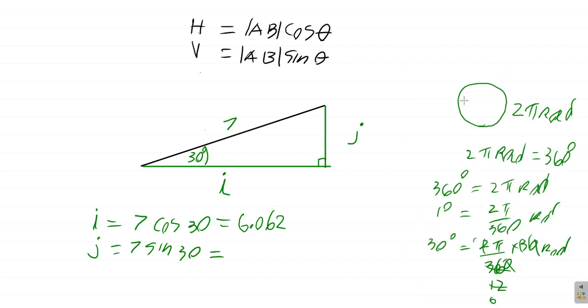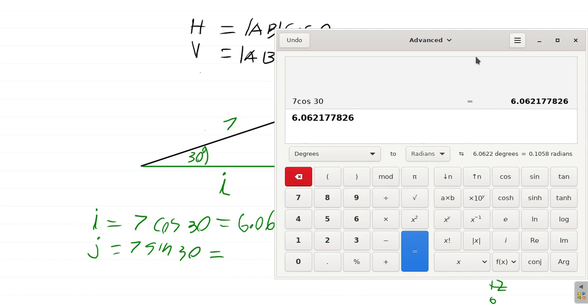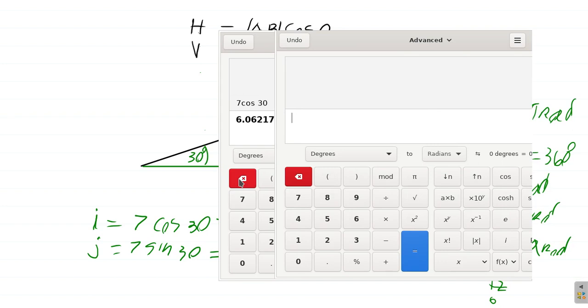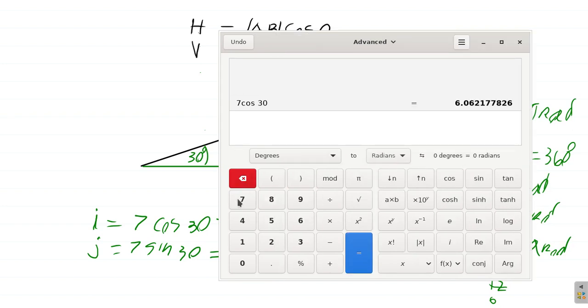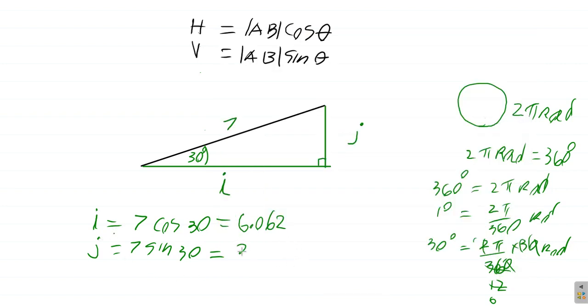Getting to the calculator again, 7 times sine 30 equals 3.5. So this is 6.062 and this is 3.5.